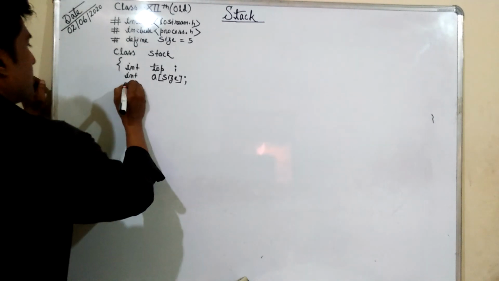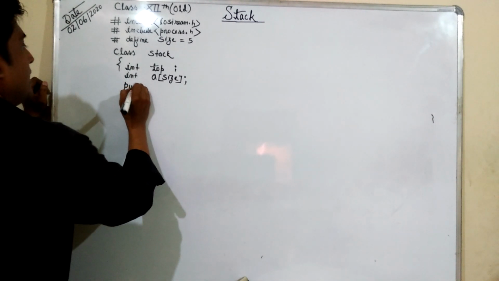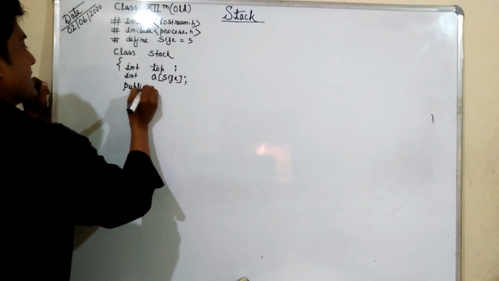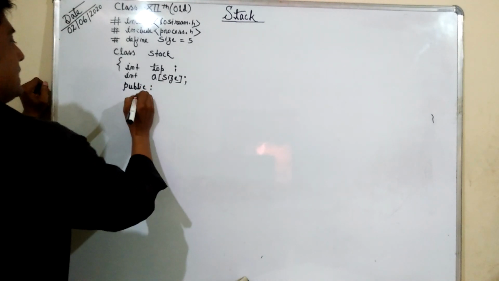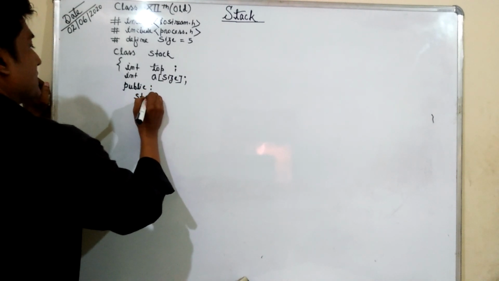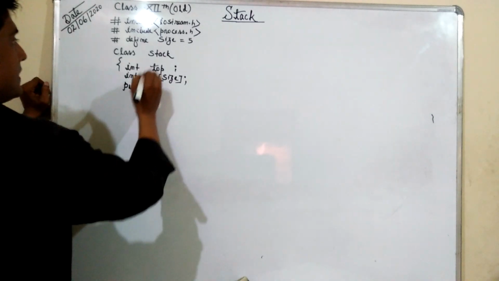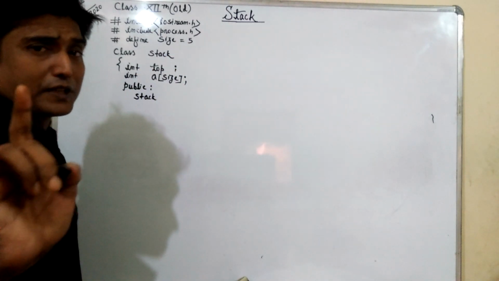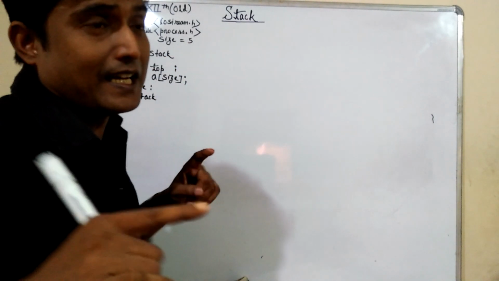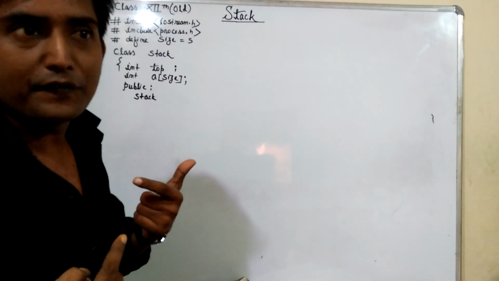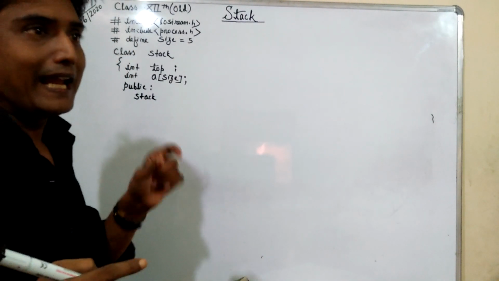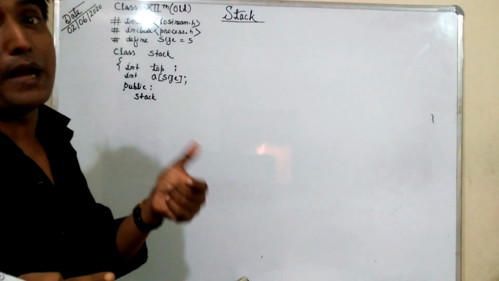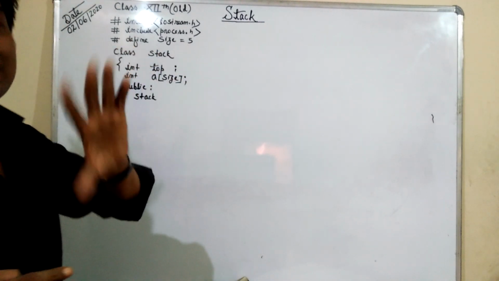Here, students, it's quite simple: public, and here we are going to use the constructor. All of you are very familiar with the constructor. It's a special member function of any class, and the constructor name and class name are always equal.